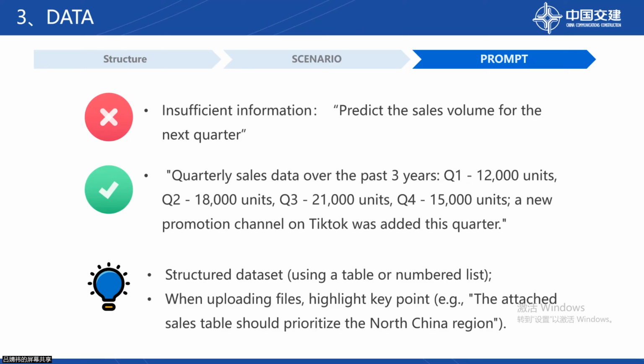So the key point is to provide a structured data set, like using a table or numbered list. When uploading the file, highlight key points, like the attached sales table should prioritize North China region. The more dataset we feed in, the more feedback we get.